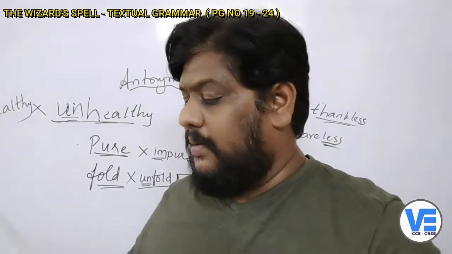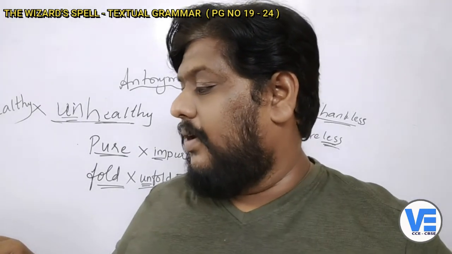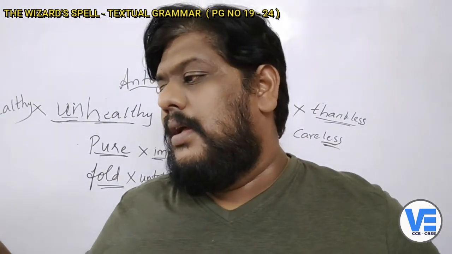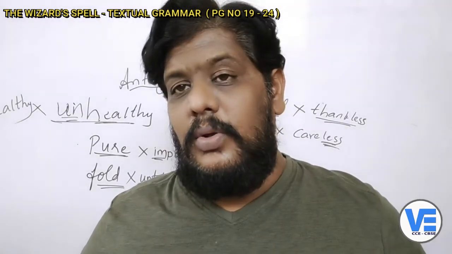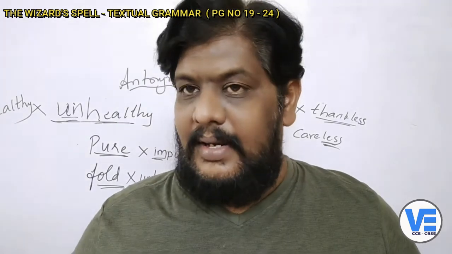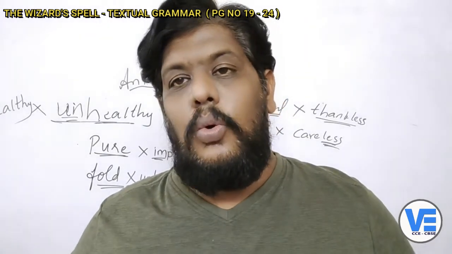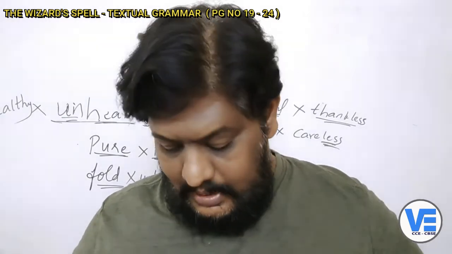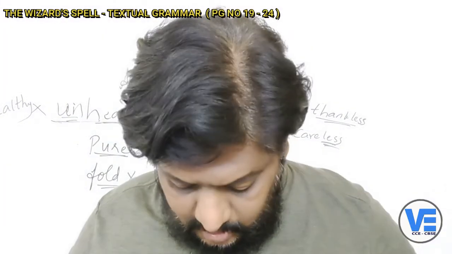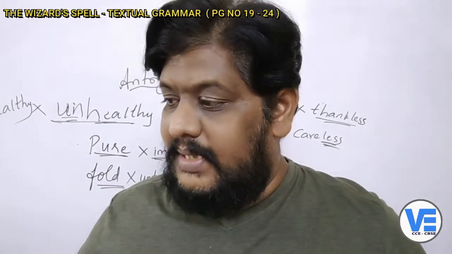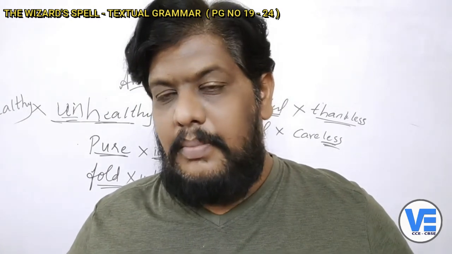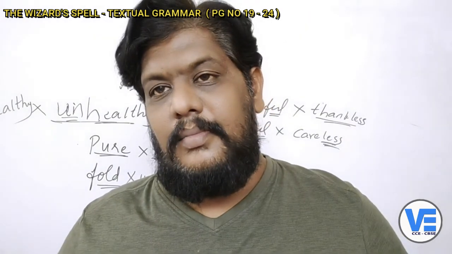Okay, and the last one is to bring out the meaning of the following words of antonyms in your own words. So what you can write here is colorful, colorless. That means you have to know the meaning of that first. What is colorful and what is colorless, right? And then you have to make your own sentence based on that. So how can you make your own sentence? For example, you can say the petrol is colorful but water is colorless.